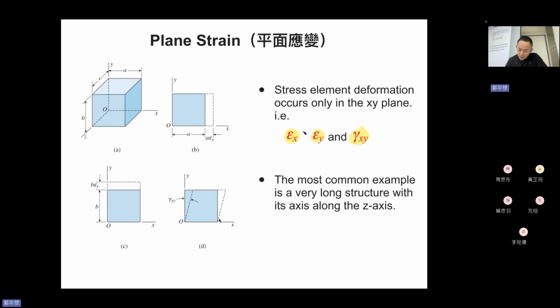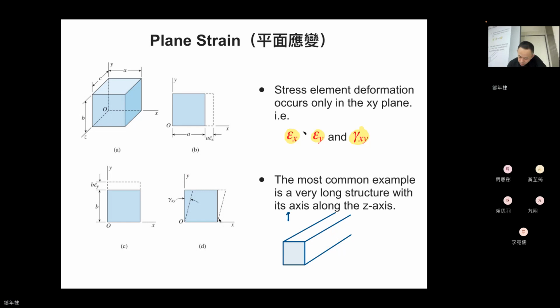So plane strain is suitable for explaining a sample or structure with a really long axis, like a wall, like the Great Wall. You can imagine that this surface is just like this, and the component is really long in the z direction.